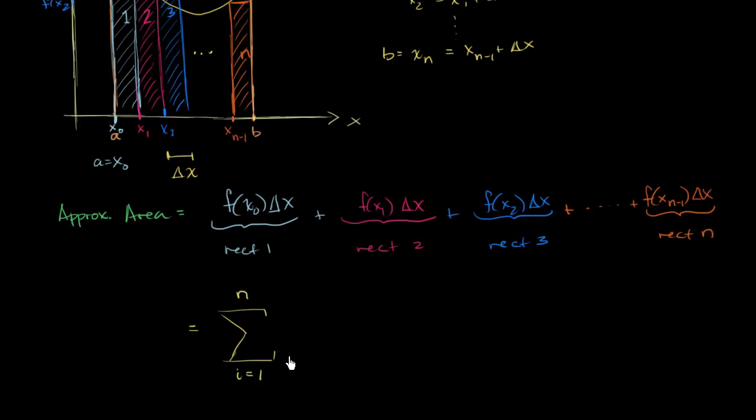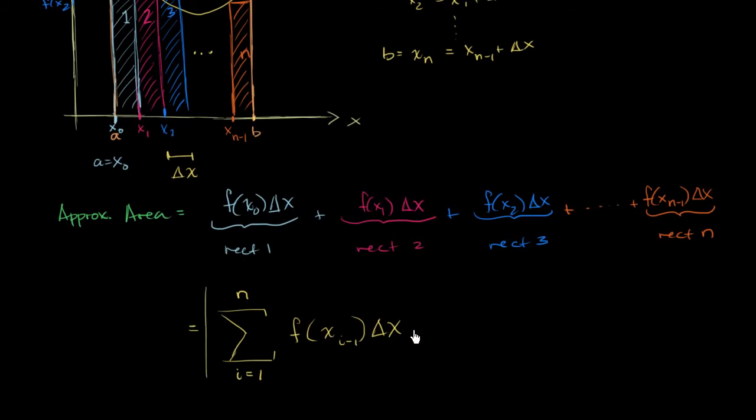And then we're going to look at each rectangle. So if we're in the ith rectangle, then we take f of the left boundary, x sub i minus 1, times delta x.